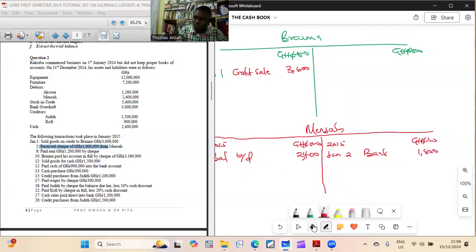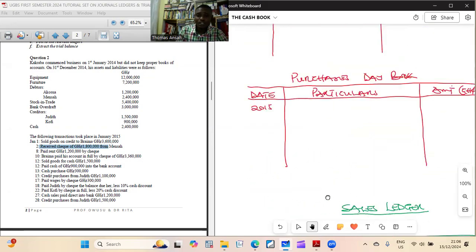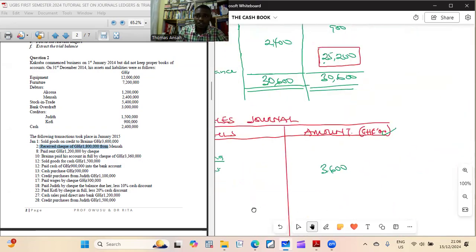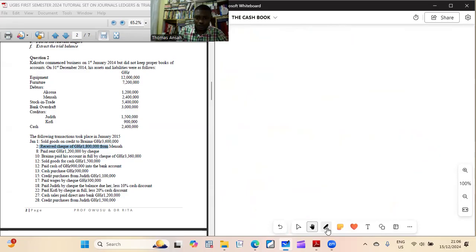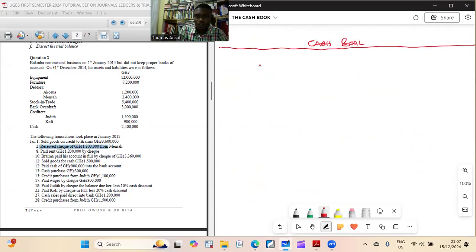So now it means we need to draw another one, which is what? Our cash book. So we know that from the readings that we did, we need to open a 3-column cash book. Is that not it? So let's open a 3-column cash book. So cash book. Don't forget, the cash book is also a ledger. So now you saw me post something into Mensa's account.